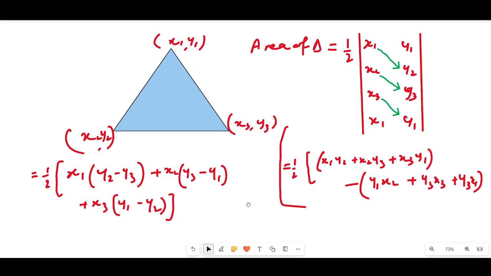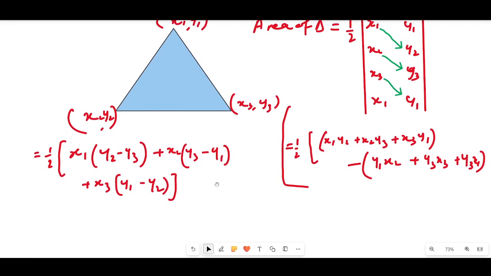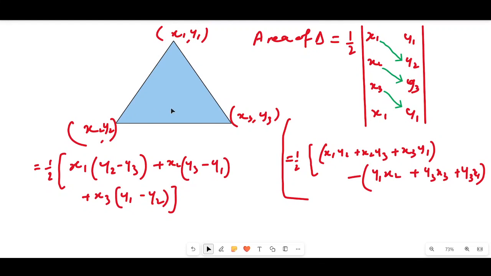Clear? We will prove in another lecture how to find the area with the help of a geometrical approach. That is very simple for finding the area of any given figure, with some common understanding. But this formula is very applicable and has useful features.